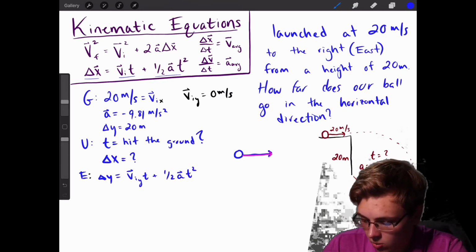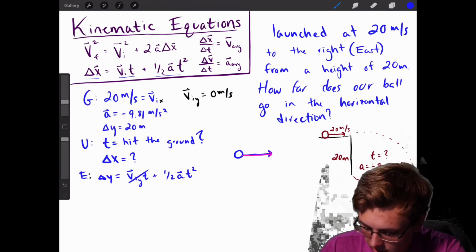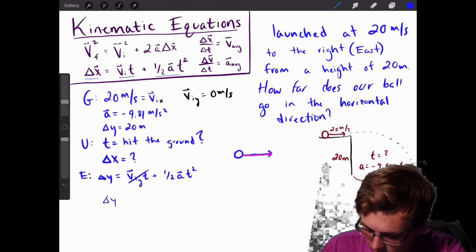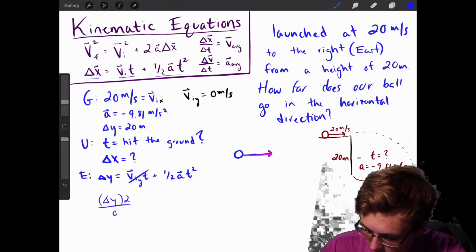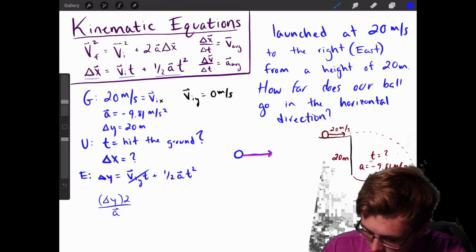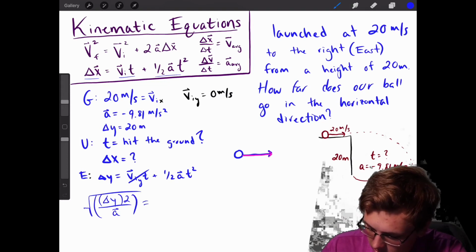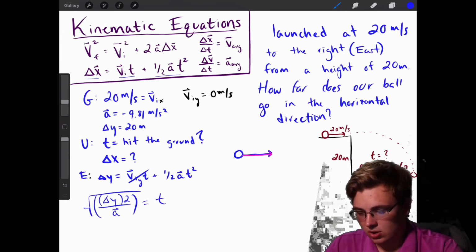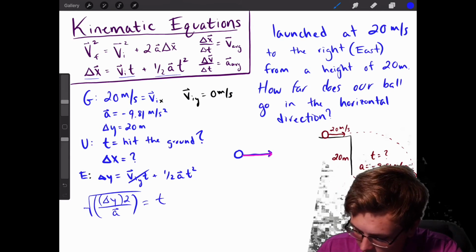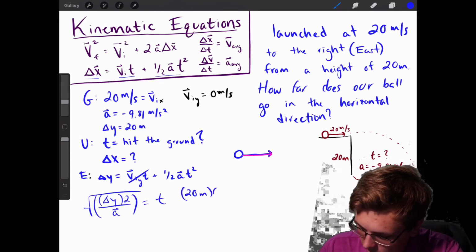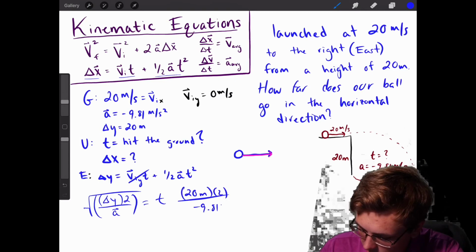Now we know that in our y direction, this is just 0, it goes away. So change in y times 2 divided by a, all of this square rooted, that's going to equal our time. So if we plug that in there, we get 20 meters times 2 divided by negative 9.81 meters per second squared.